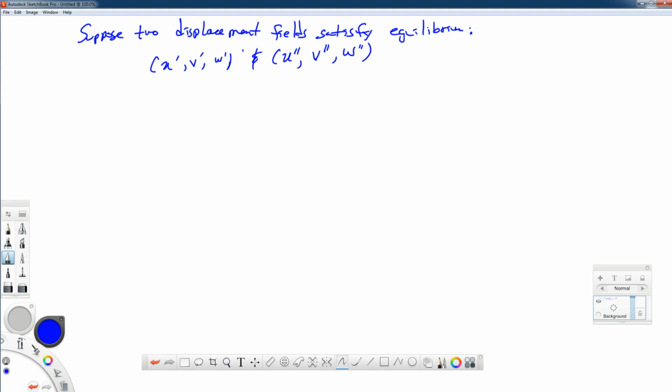Well, if we have these 2 fields that satisfy equilibrium, we can take their difference. And this is where just regular little u, we're going to call the difference between u' and u'', and likewise for the others that we have here.